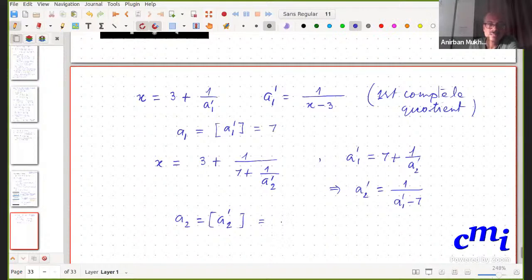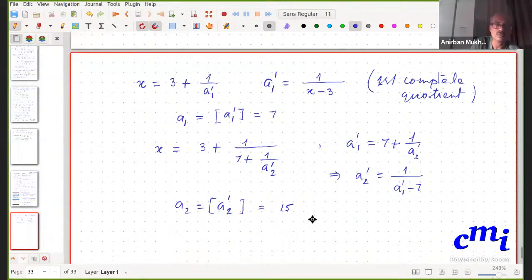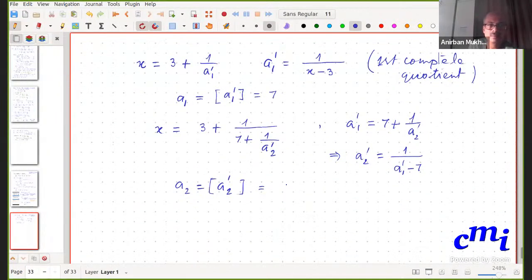So these are just checked by calculator, just the usual calculator on a mobile phone. So it's very easy. So 15. Then the next one.